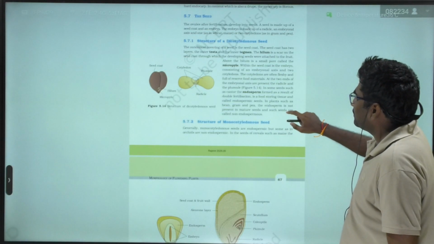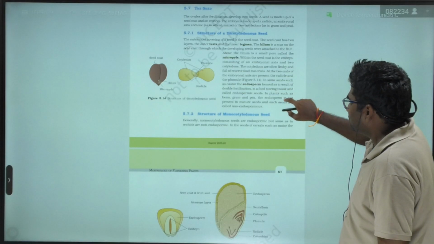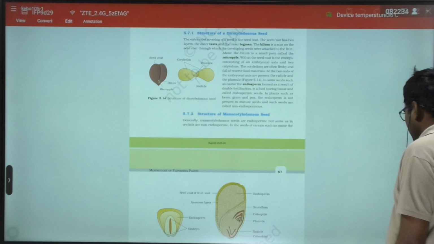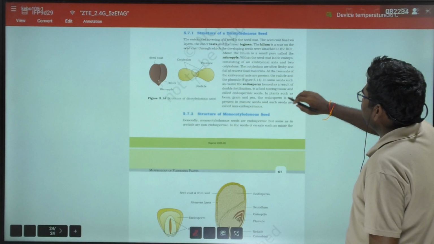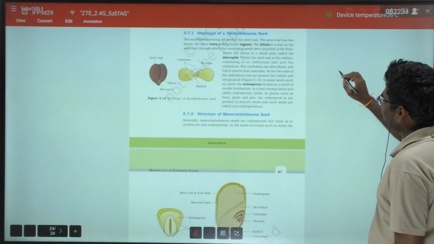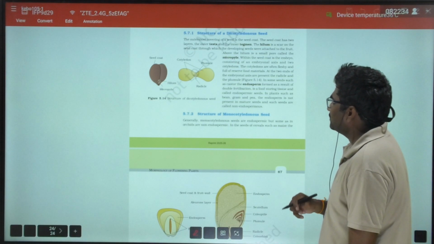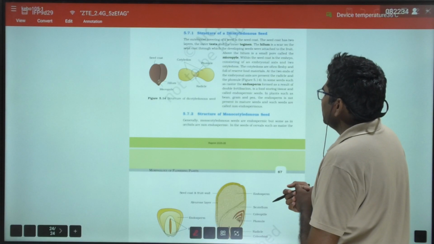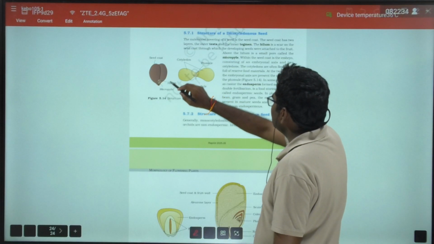So, structure of dicot seed. In the earlier class we had discussed the structure of dicot seed. The seed coat has two layers: the outer testa and the inner tegmen, and the hilum is a scar on the seed coat through which the developing seeds were attached to the fruit.